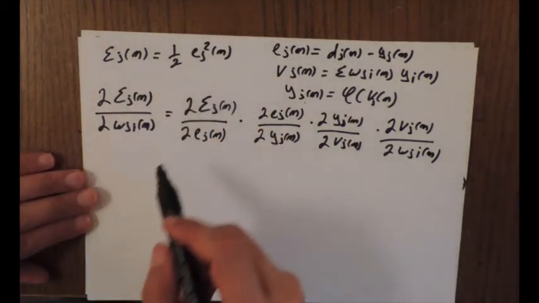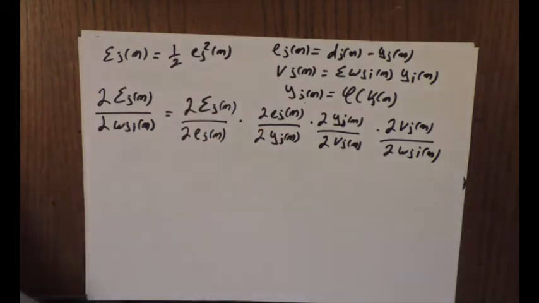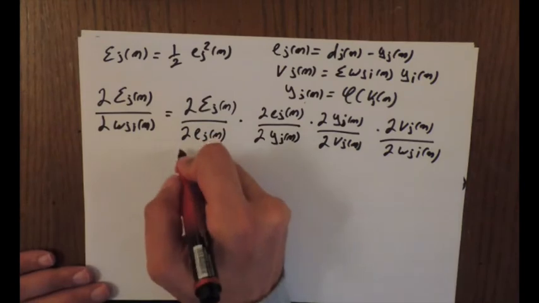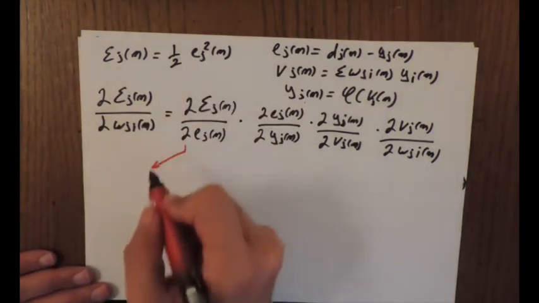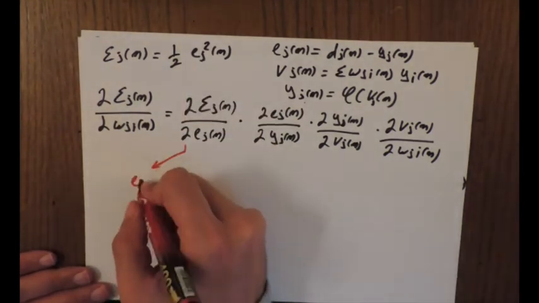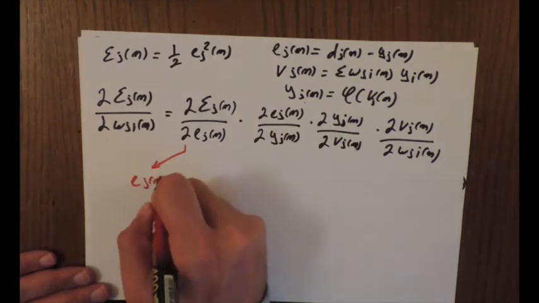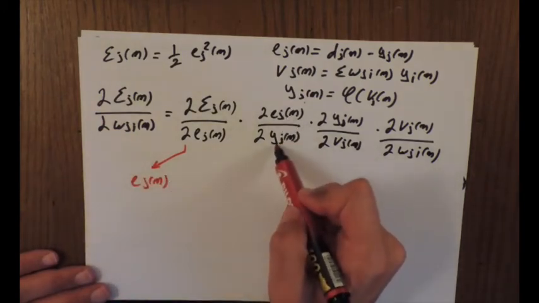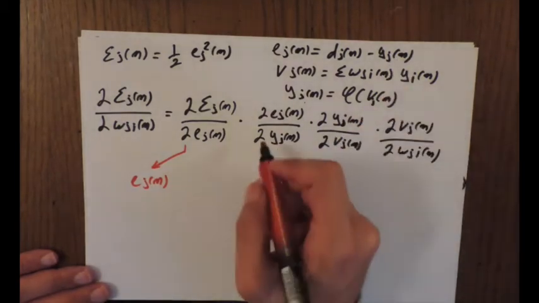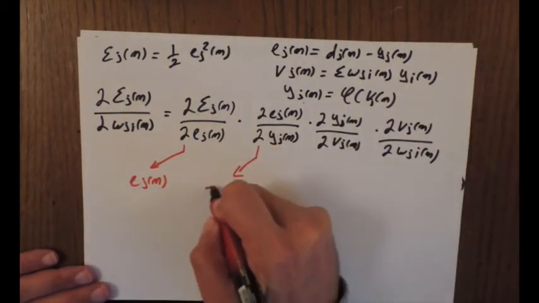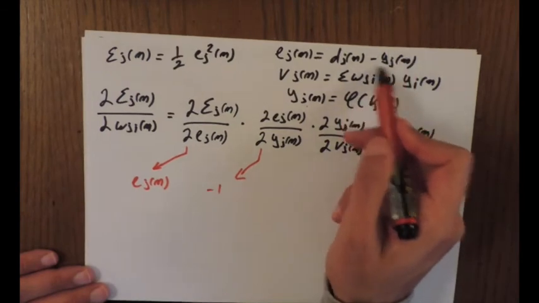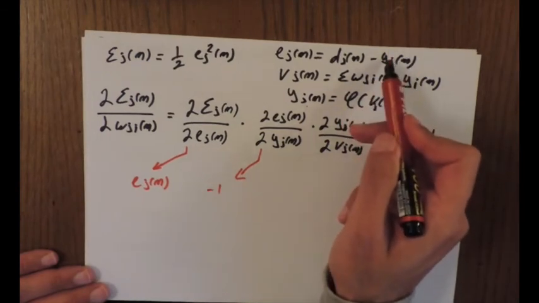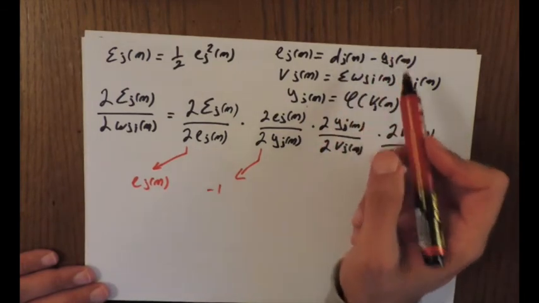If we take the derivative of Ej(n) with respect to Yj(n), this will be minus 1, because this is constant and goes away.